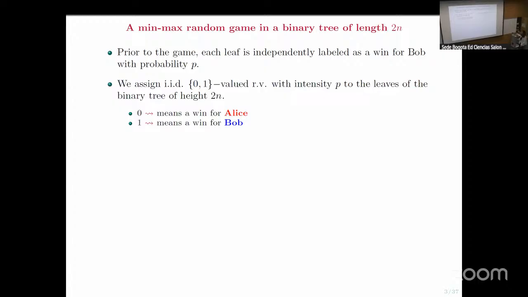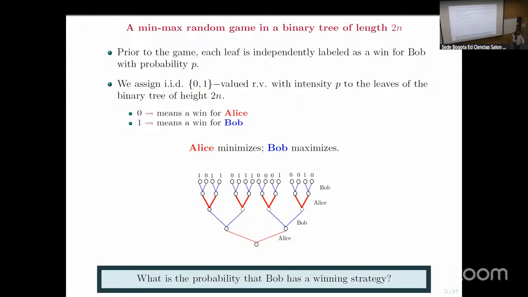In other words, I'm going to assign zeros and ones in an IID way, so independently and identically distributed according to some random variables, and the intensity of this variable is P. So 0 means Alice wins, 1 means Bob wins. Sorry, I said it the other way around. Okay, 1 is for Bob.